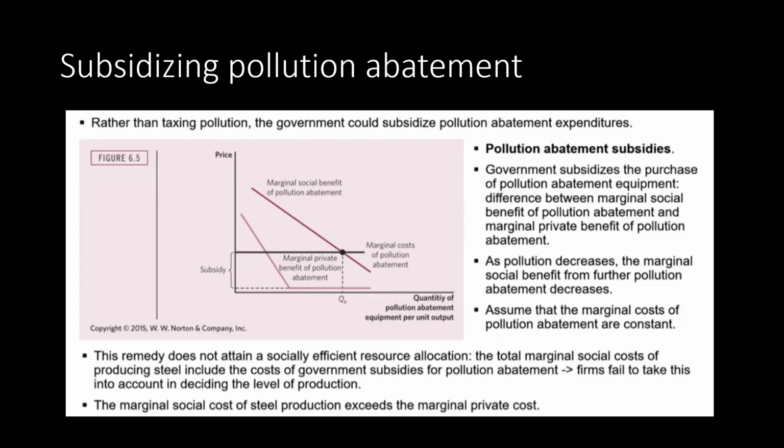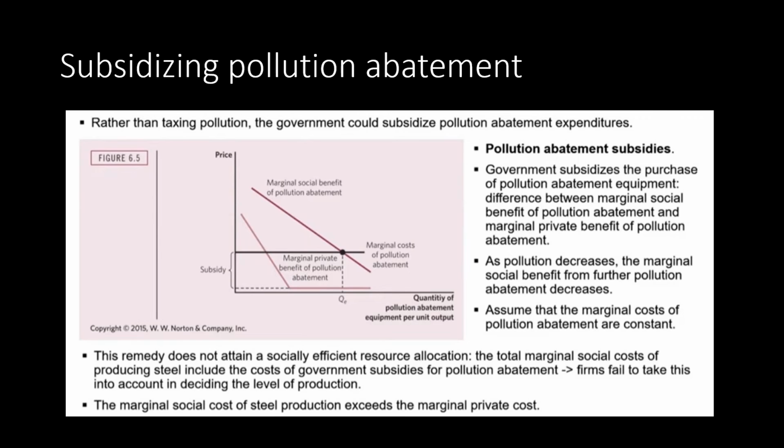There is a difference between the marginal social benefit of pollution abatement and the marginal private benefit of pollution abatement. As pollution decreases, the marginal social benefit from further pollution abatement decreases. Assume that the marginal costs of pollution abatement are constant.